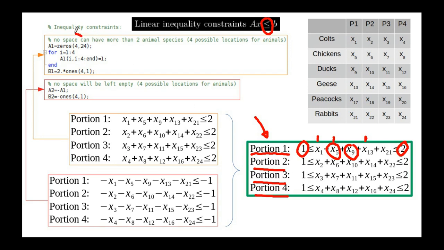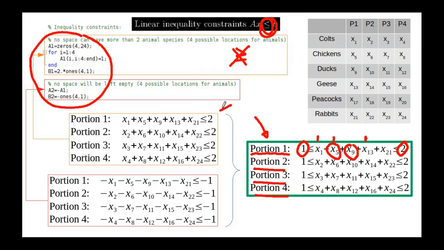Here you can find how I have done this in the MATLAB environment. But pay attention, MATLAB only understands this kind of inequalities. So these kind of inequalities are forbidden in MATLAB.